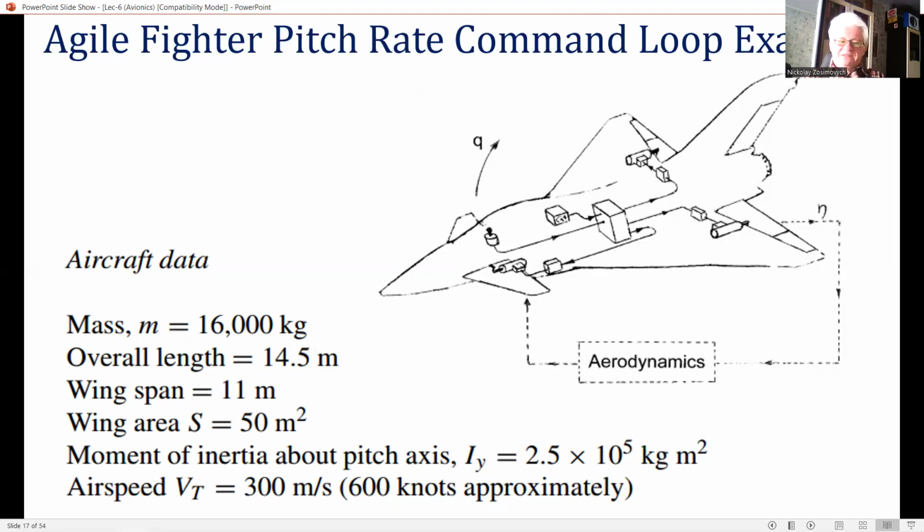It is stressed that the aircraft is a hypothetical one based on published data on several modern fighter aircraft and order of magnitude estimates. Okay, you understand it's combined from different model flights. The transfer functions in this example have been expressed in terms of the Laplace operator S by substituting S for the operator D, that is d over dt, to conform with normal control engineering practice.